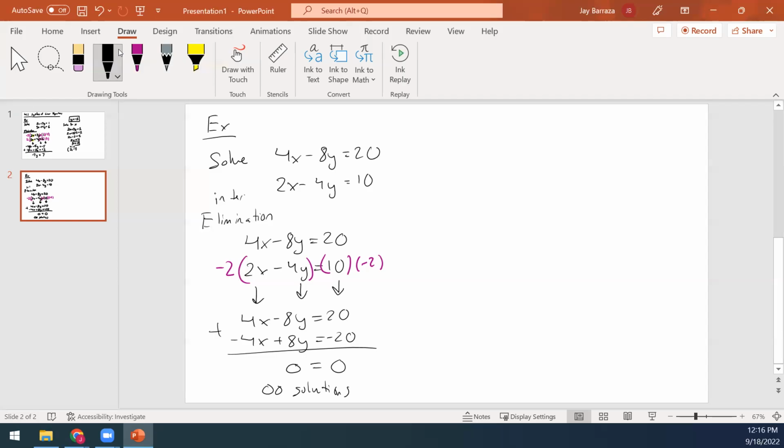In the directions, they say to solve in terms of x, so that tells you my final answer needs to be a function of x. So what you're going to do now is take an equation. Okay, sorry.